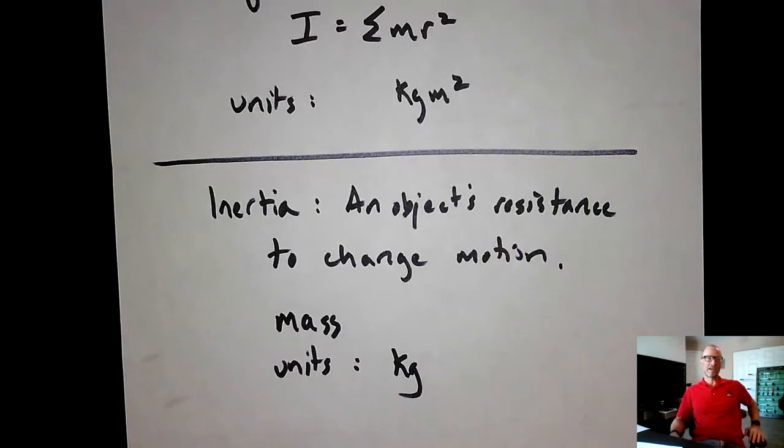We quantify that by measuring the object's mass, and the unit for mass is kilograms. Different concept, same concept, just a different world. Inertia we talk about as the general term, mostly applied towards linear kinetics. Moment of inertia is specific to talking about angular kinetics.